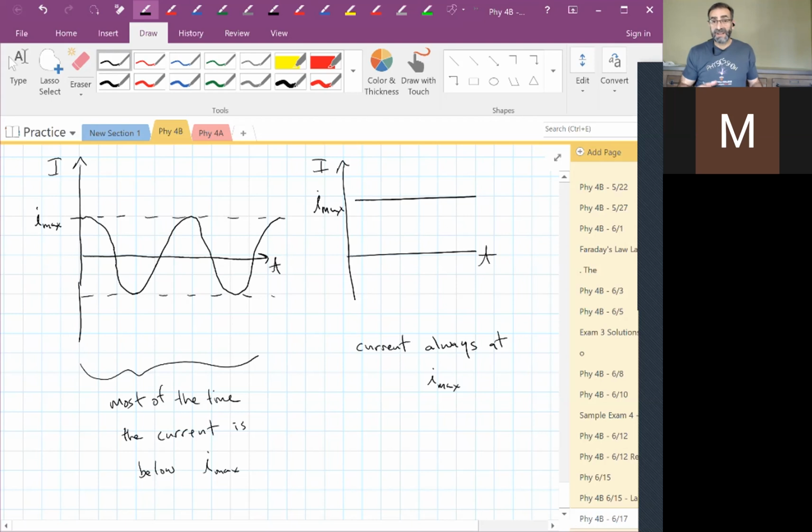Right? Most of the time, the current is not at Imax. It's less than Imax. We need to come up with some kind of a way to average. What's the average current, right? Well, what is the average current? What's the average of a sine wave?